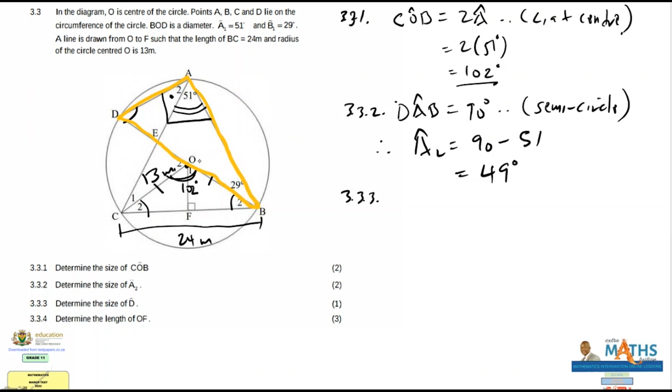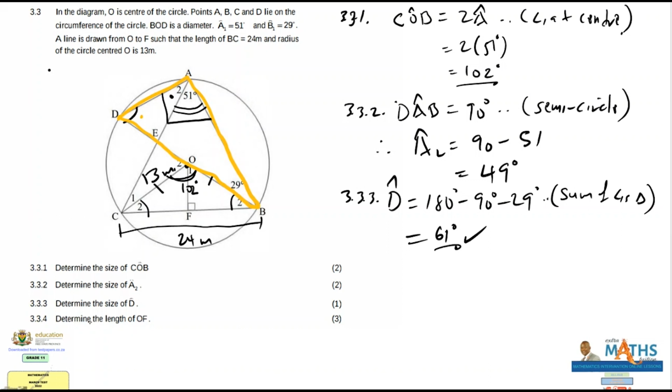This is 90, this is 29. I can find the sum of these angles. It means I can say angle D is equal to 180 minus 90 minus 29 degrees. Why? It's the sum of angles of a triangle, which is 61 degrees.